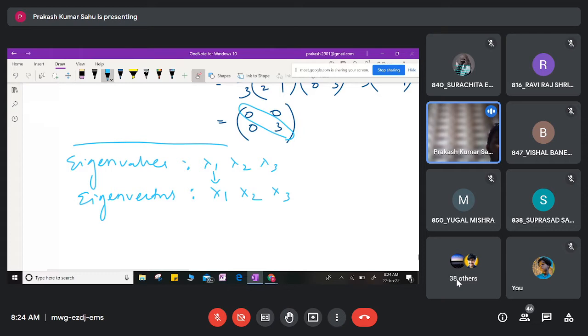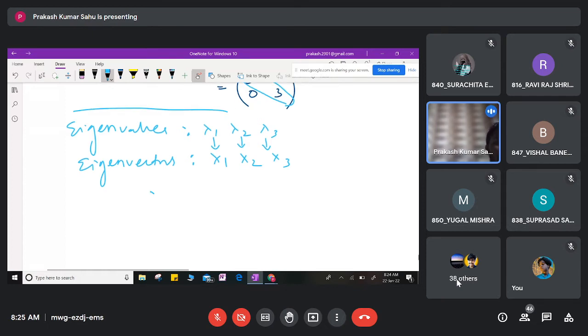Lambda 1 for x1, lambda 2 for x2, lambda 3 for x3. Now, when you form the X matrix, if X matrix is equal to x1, x2, x3, then the diagonal matrix that comes, X inverse A into X, this will be lambda 1, lambda 2, lambda 3.